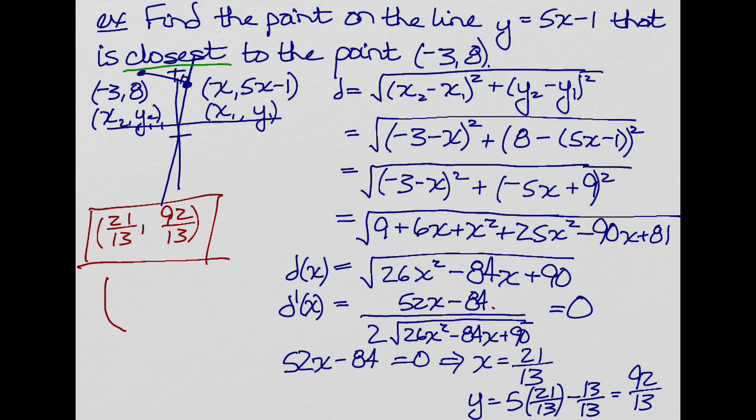I'm going to try x equals 2, which I'm certain is to the right of this point. And if I do that, 52 times 2 minus 84, I don't know what that is, but it's definitely positive because 52 times 2 is more than 100. So increasing to the right, which means that point is indeed a minimum, which is what we're looking for.